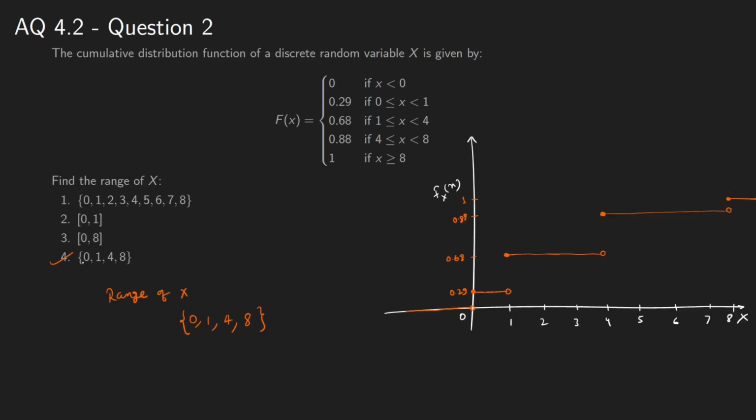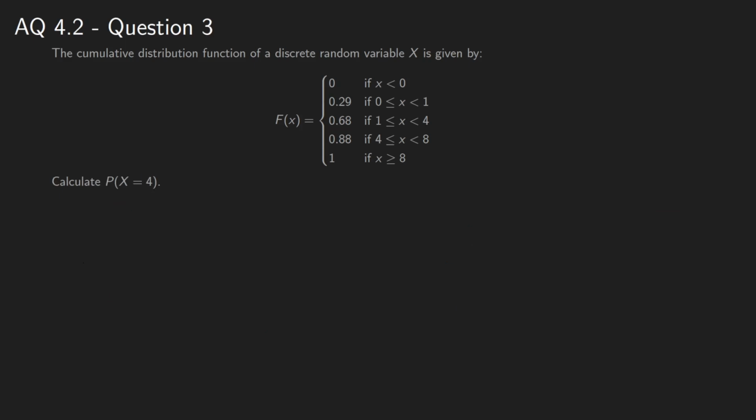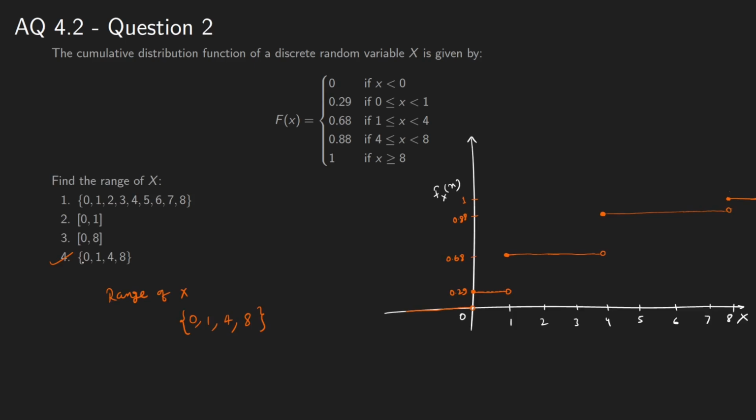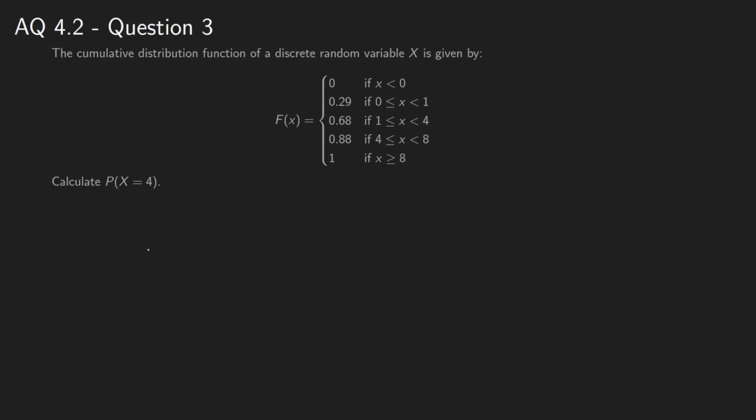So here we have been asked what is the probability that it will take value 4, that will correspond to the amount of jump that the CDF takes. So it will represent this, the amount of jump. Here we see that it's 0.20. It means that the probability that x will take value 4 is equal to 0.20.